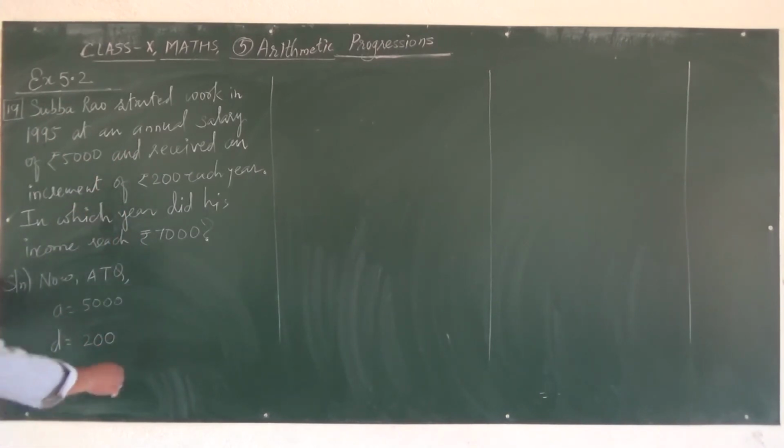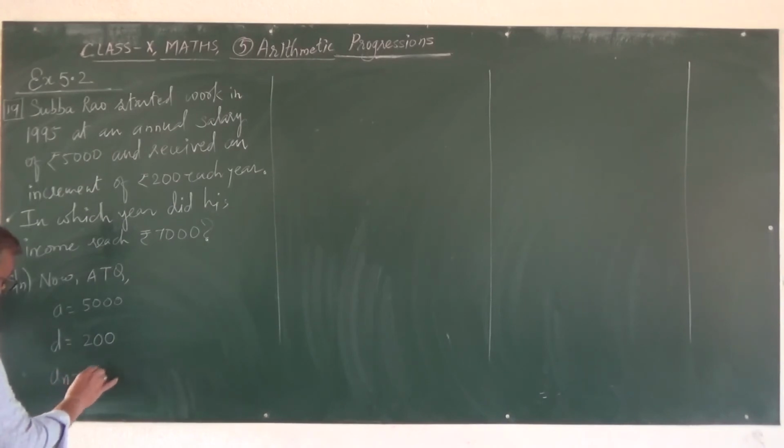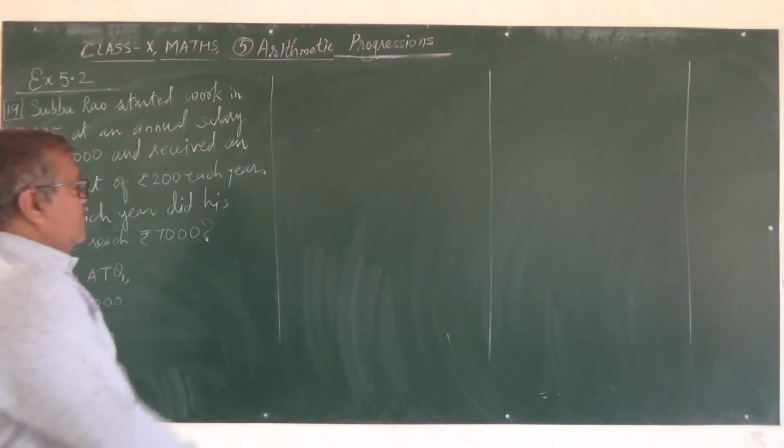So the nth term is 7,000. Now we want to calculate which year.